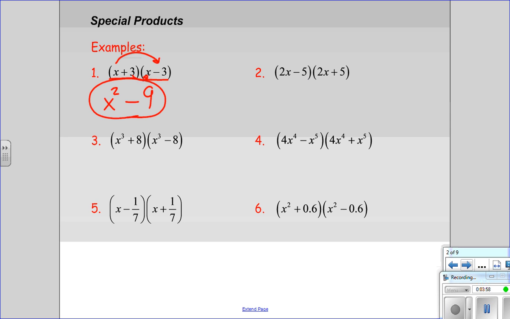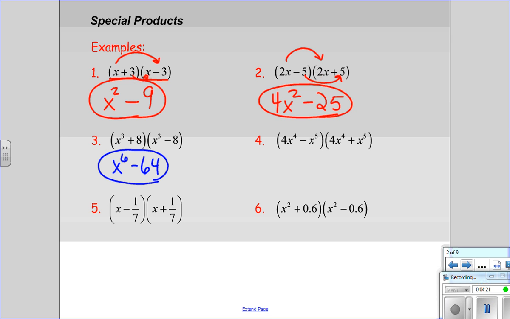Let's do this a few more times. For number 2, we get 4x squared minus 25. We multiply our a's together, and we multiply our b's together. Example 3, x to the 6th minus 64.